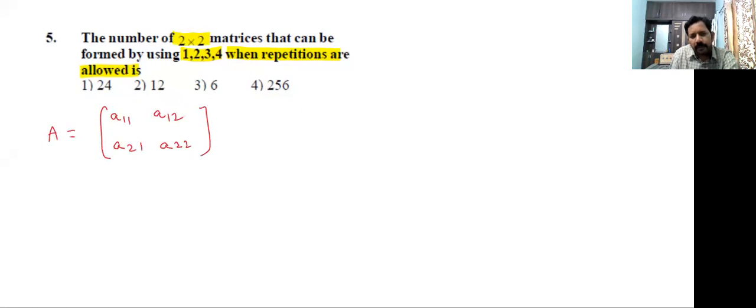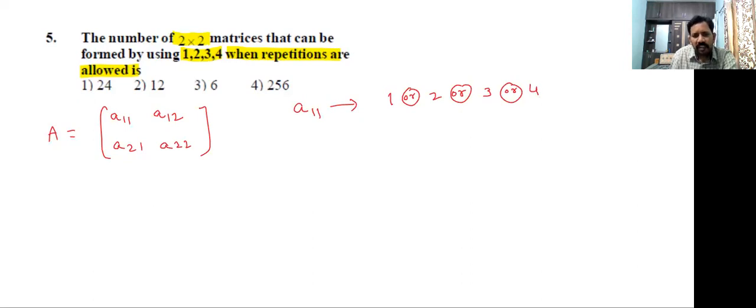In place of A11, you can fill either 1 or 2 or 3 or 4.